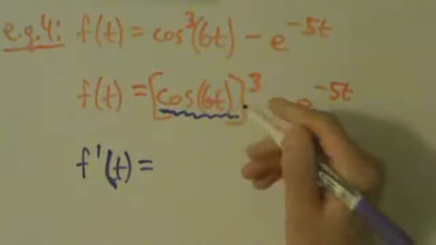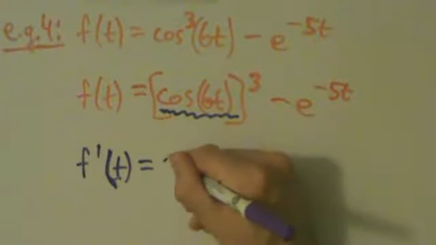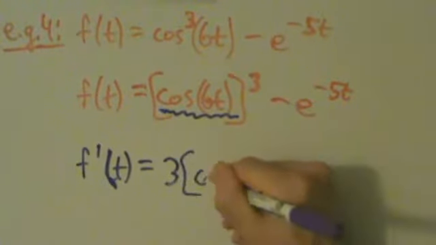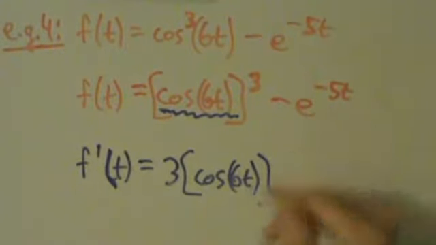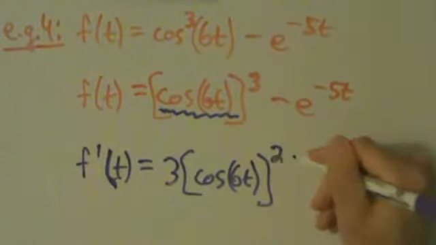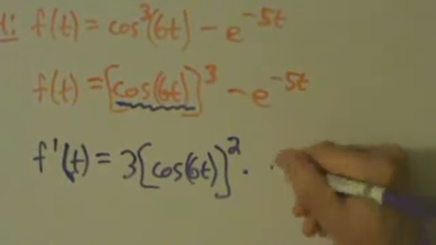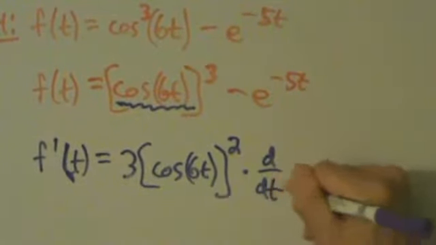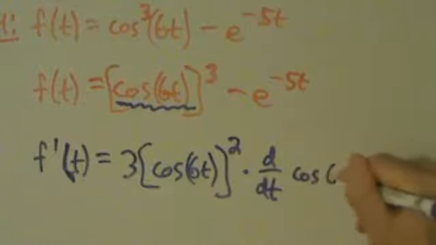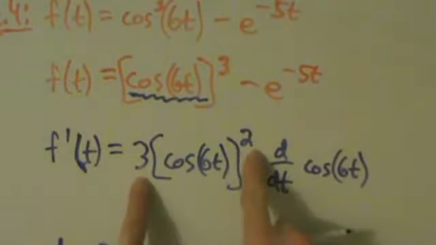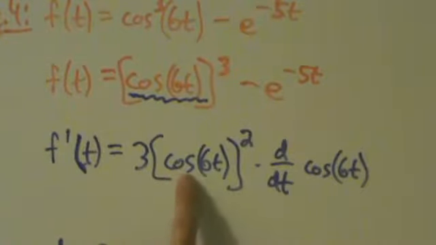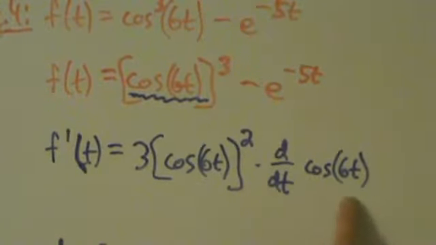So this is actually going to be 3 times, leave the inside alone, or in other words, evaluate at the little guy. So 3 times the little guy squared, and then times the derivative of the little guy. So that's what the chain rule says: derivative of the big guy evaluated at the little guy times the derivative of the little guy.